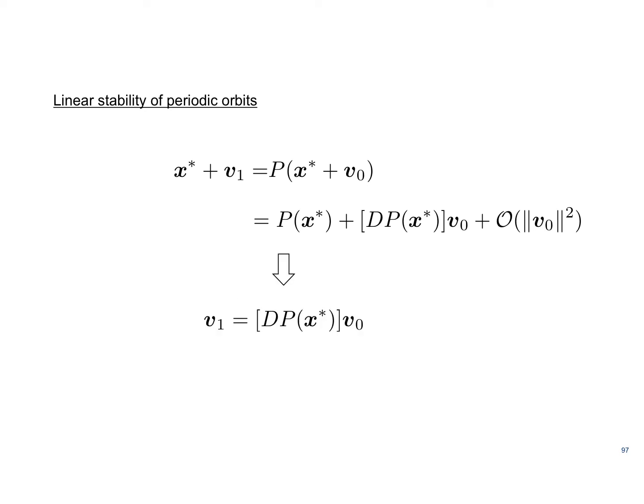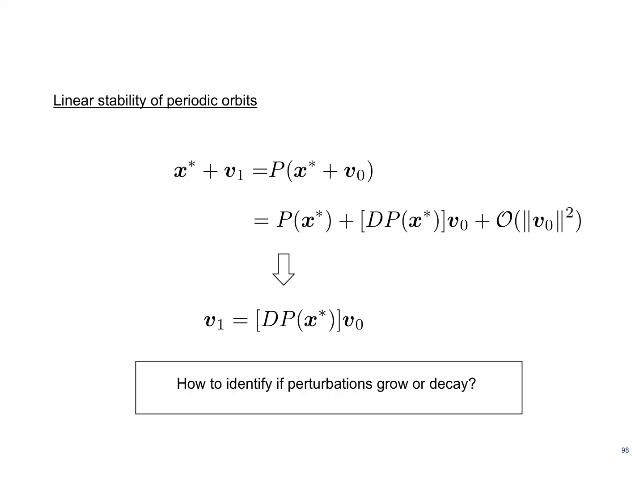From this, we can simplify and we end up with just this transformation, okay? V0, V1. And the question is, how can we characterize this linearized Poincaré map to assure that we have something that is stable or unstable? So basically, how to identify if perturbations grow or decay.